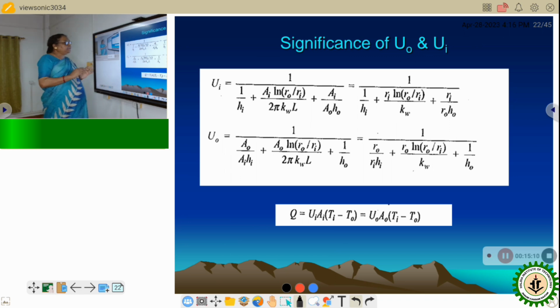Similarly, we can write the equation for the overall heat transfer coefficient based on the outside area: 1 by Uo is equal to Ro by Ri hi plus Ro ln of Ro by Ri by Kw plus 1 by ho. Simplifying, we can correlate the total equation as Q is equal to Ui Ai delta T, which is equal to Uo Ao delta T.